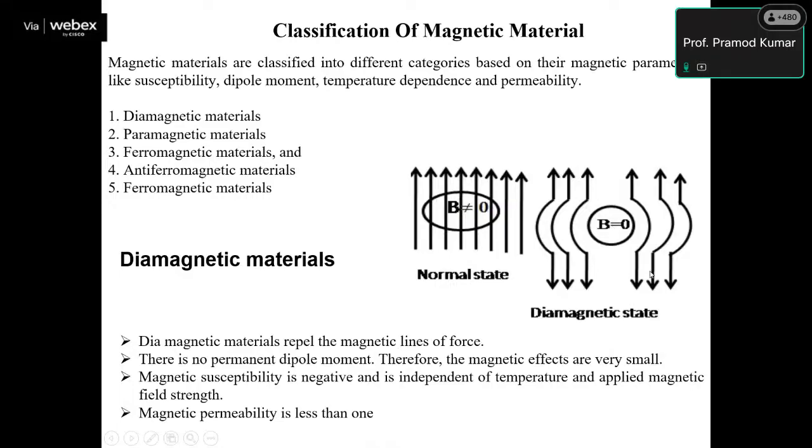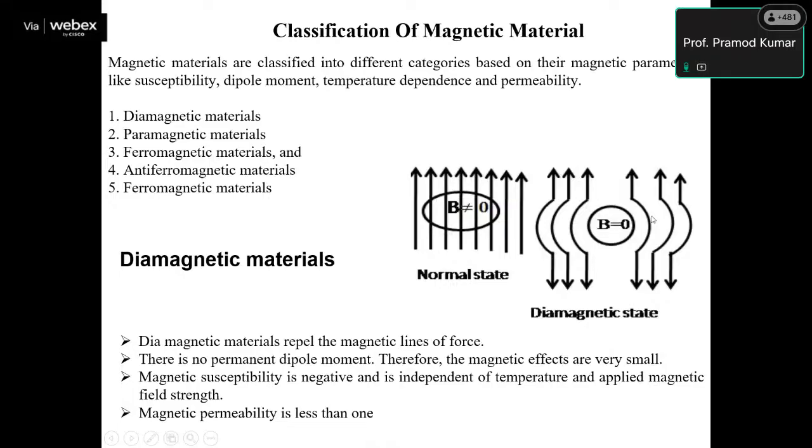So these magnetic lines are not going to pass through this diamagnetic material. That's what is happening in the diagram. The simplest example is the superconductor, a well-known diamagnetic material. Diamagnetic material basically repels the magnetic lines of force, as you can see through this diagram.